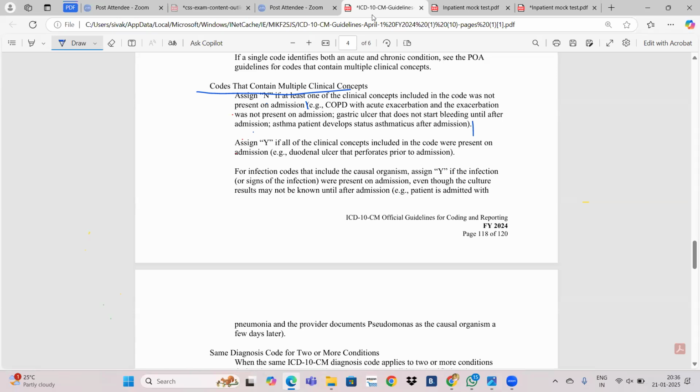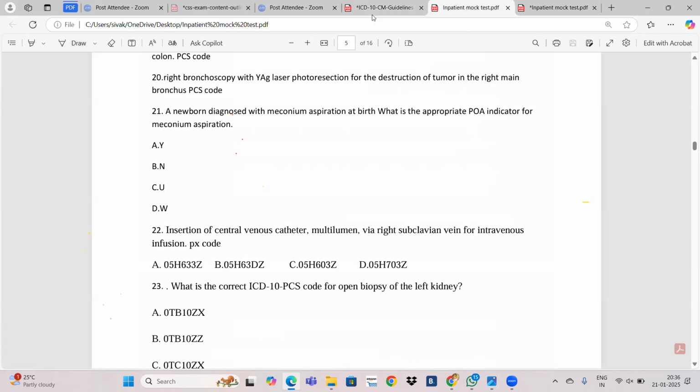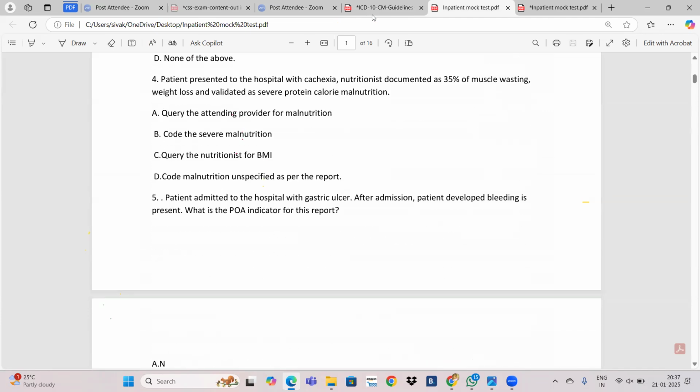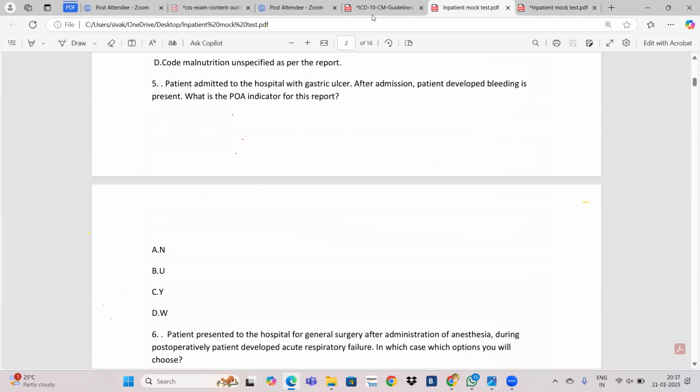Okay, noted. So total 3 questions we covered up to now, and you will get these in the exam. This 5th question you will also get in the exam. Patient admitted to the hospital with gastric ulcer.